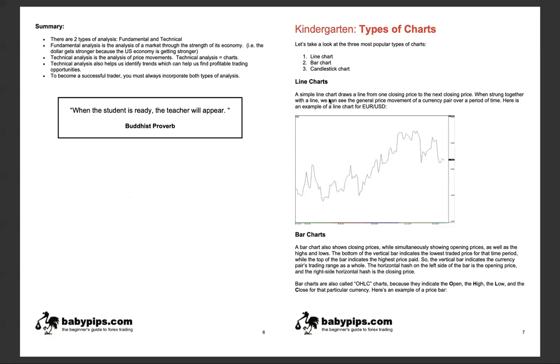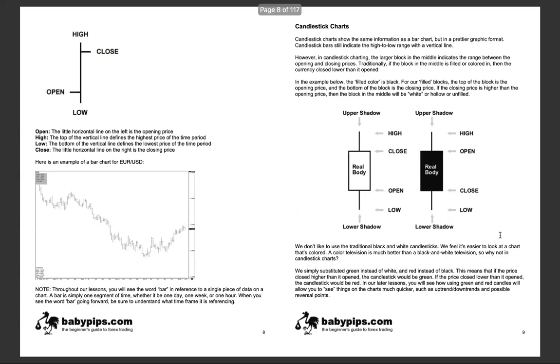All right, and now if you go to the next part, we talked about this, that whenever you see a candle, you'll always find four things: its high, its low, its open and its close.